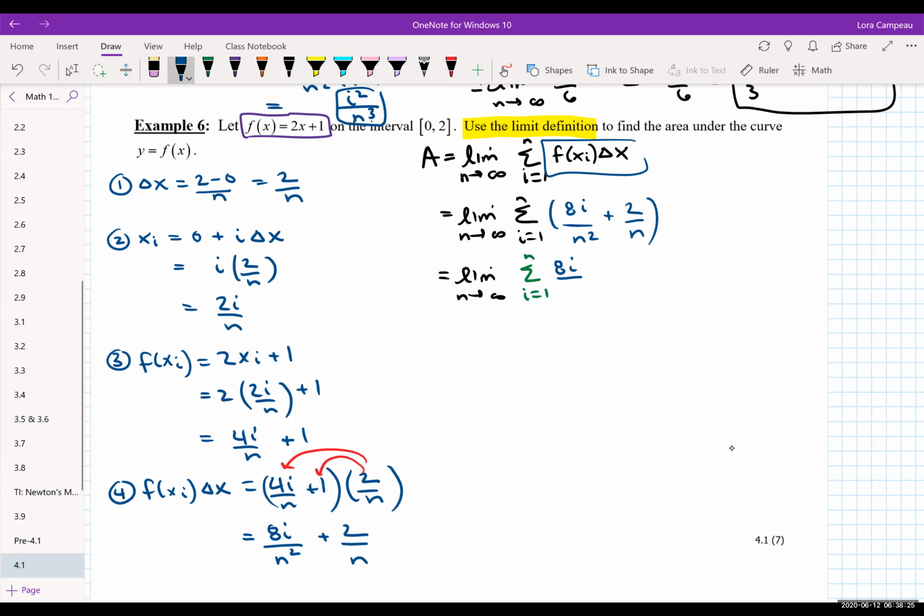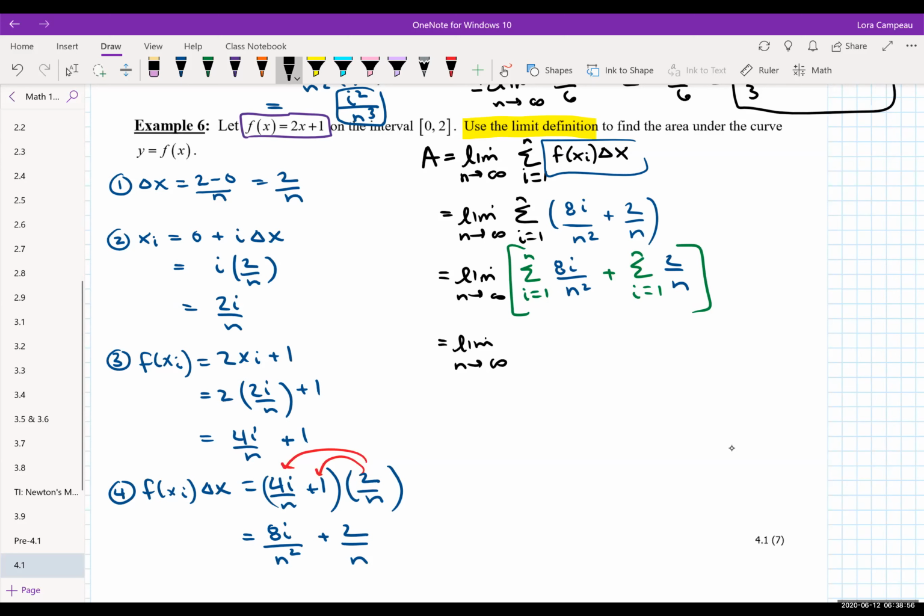So you have 8i over n squared, plus the summation, i equals 1 to n, of 2 over n. And so this allows us to look at each term individually and just continue. We have not evaluated the limit, you still have to write it in.